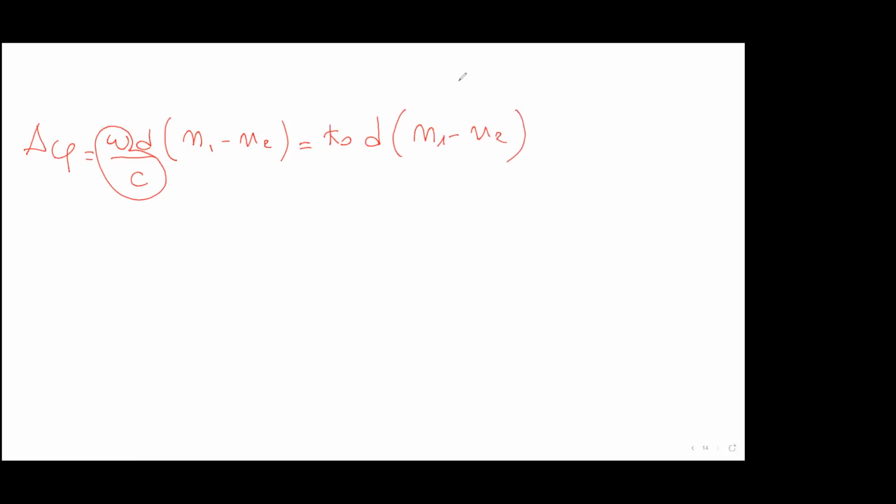So if there is a difference of the refractive index, delta n, you accumulate a phase that is the refractive index difference times the thickness of your material. Of course, the thicker the material, the more phase you accumulate, times k naught. And remember that k naught is 2 pi over lambda naught, so delta phi is 2 pi over lambda naught times d times (N1 minus N2).